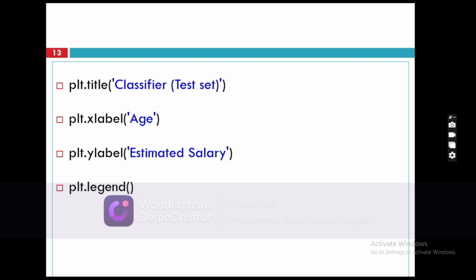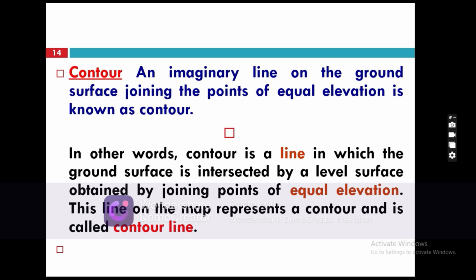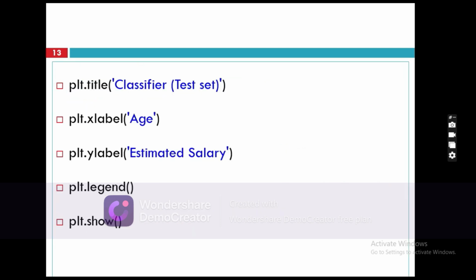We can give the title of the graph, and the label for the x-axis using plt.xlabel and for the y-axis using plt.ylabel. plt.legend gives the legend in the top corner. Then when the graph is ready, we can show it using the show function. This is called logistic regression.